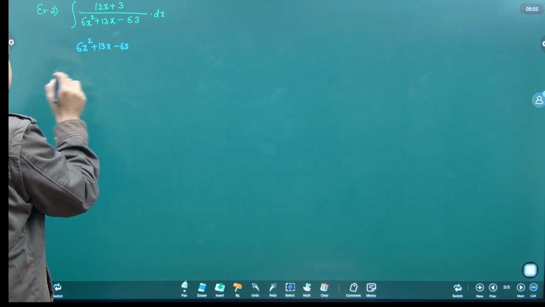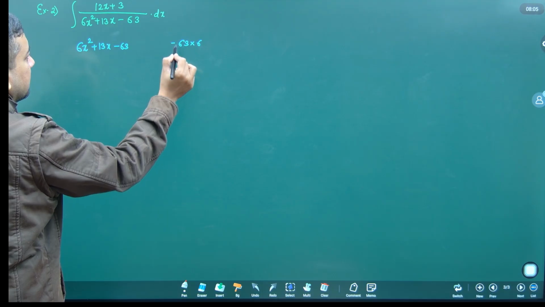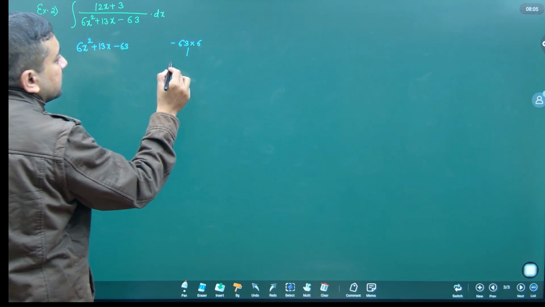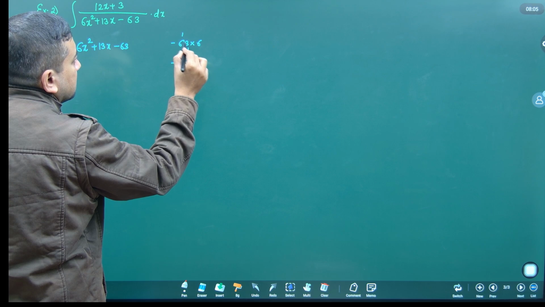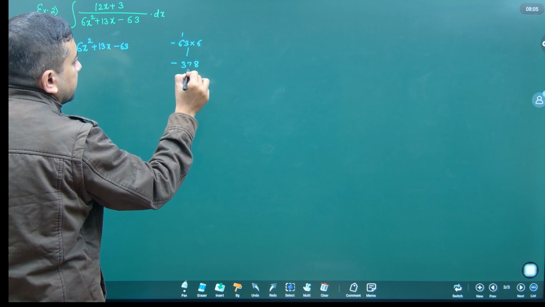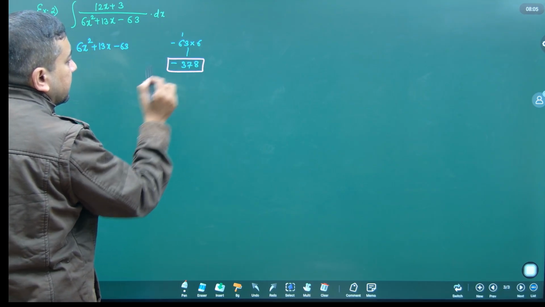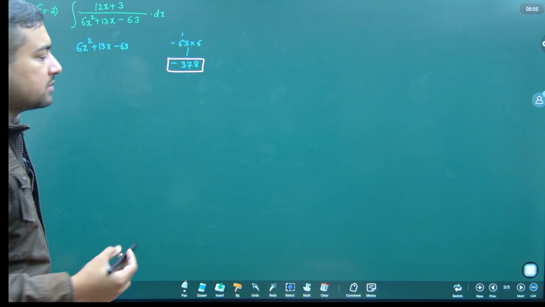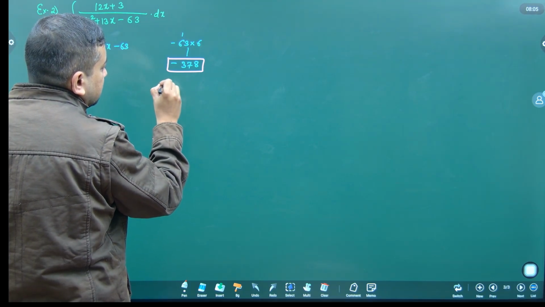So what is 63 into 6? It will be minus 378. So you have to find factors of minus 378 such that the sum should be plus 13. How will you find the factors here?